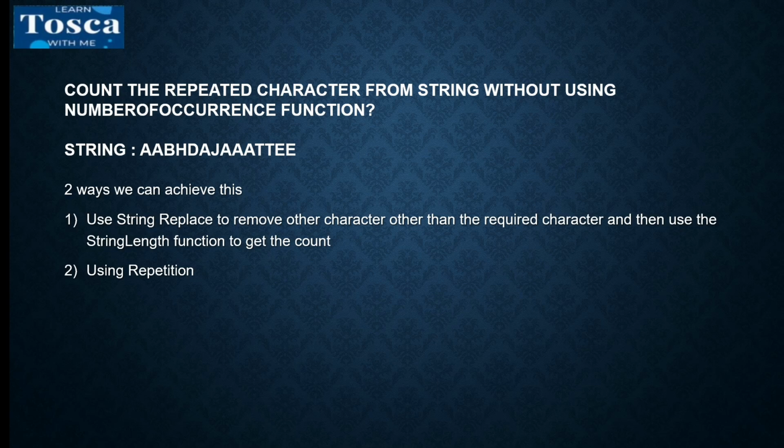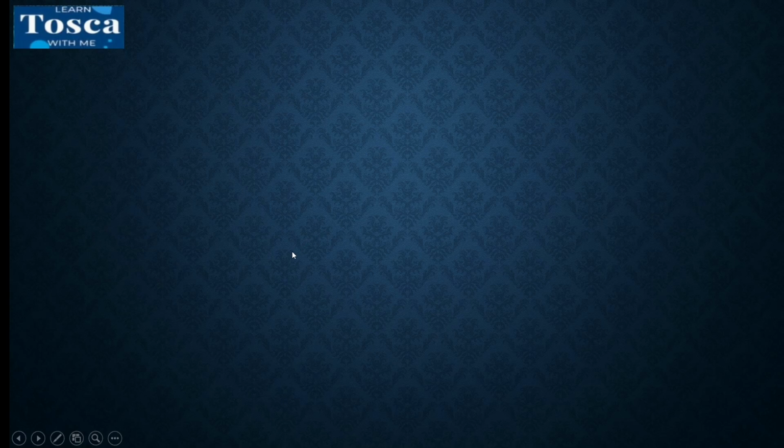One by one we take the character either from right or from left, and check whether it is our expected character. If the condition is satisfied, then increase the counter. This will also give you the correct result, but it is a bit complex approach. That's why I kept it after the first approach, which is very simple.